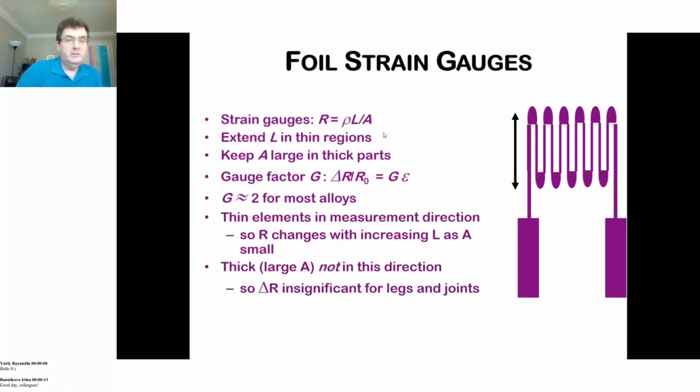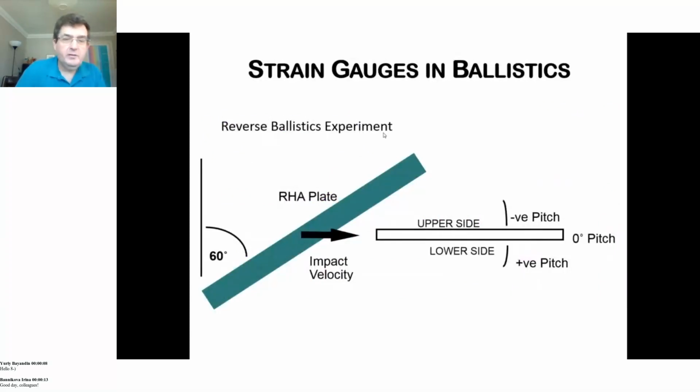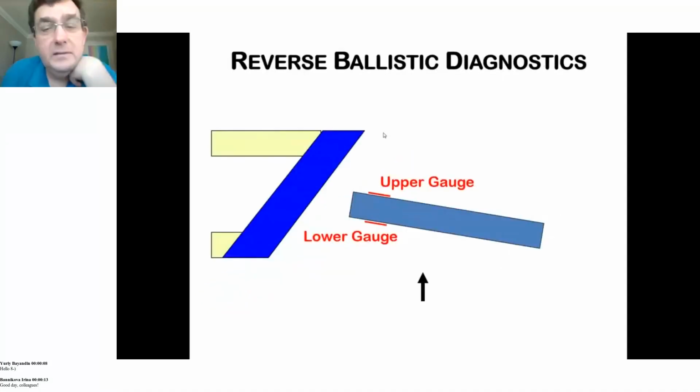I've done a series of ballistic style experiments, reverse ballistic style experiments, where I've put a gauge on a rod and fired a rolled homogeneous armor, a strong steel plate, at that rod, and basically measured the strain in the system using both upper and lower strain gauges.